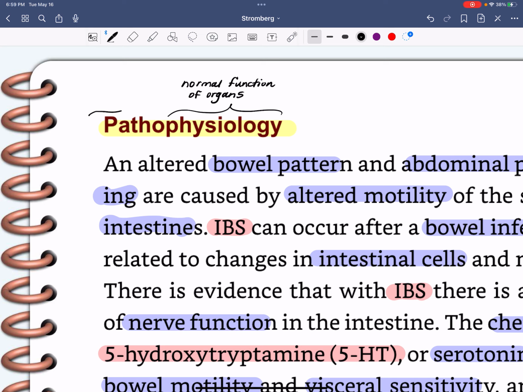Patho is disease. So this word, pathophysiology, makes me think that something about the function of the organs is no longer normal. It is diseased function of organs. So this is talking about an organ that is not functioning the way it should be.